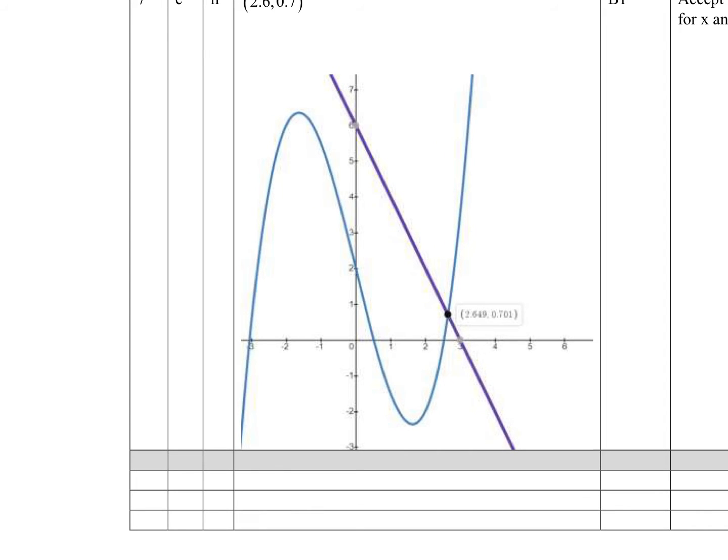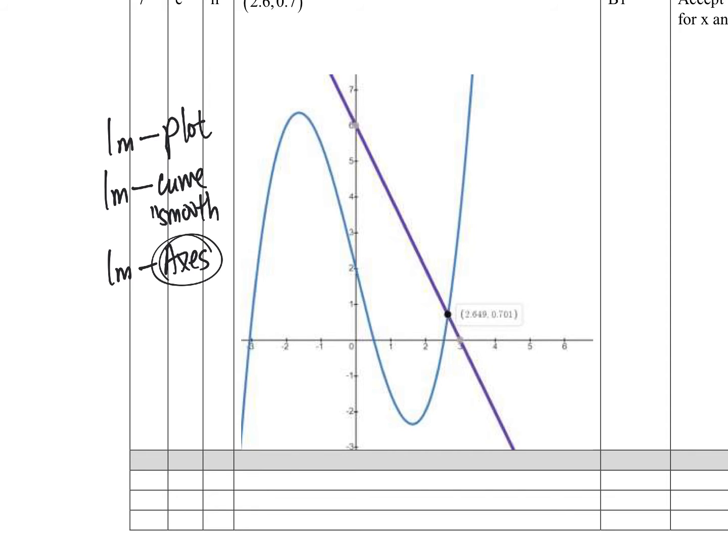Okay? So what are the marks? 1 mark for the plot. 1 mark for the curve, the smooth curve. And 1 mark for the axis. Okay, the setter was very kind now, because the setter gave you the axis.